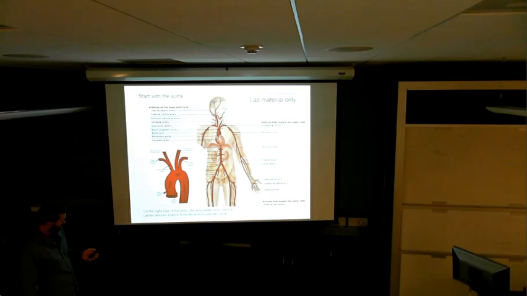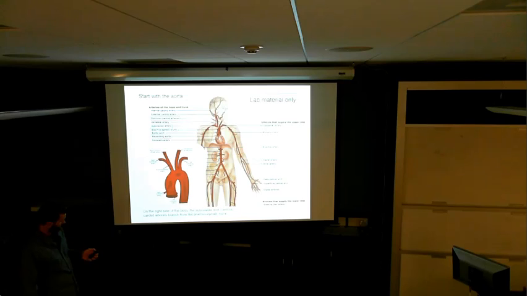That's better. 90% of the time it's I forgot to put this in. Then we have the descending aorta. It goes in the back of the heart. It's called the thoracic aorta. It goes through the diaphragm, and it's called the abdominal aorta.